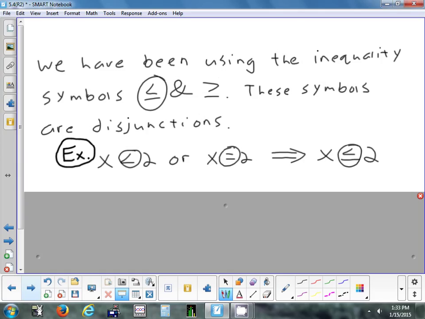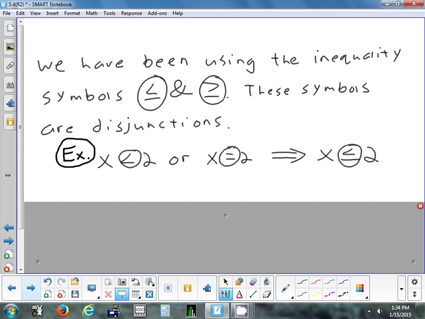How about that symbol? Who can tell me, how do you pronounce that? Marcus? Greater than or equal to. So this is also a disjunction. We don't say greater than and equal to.